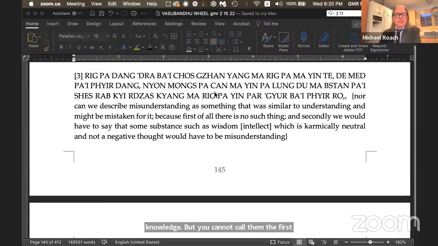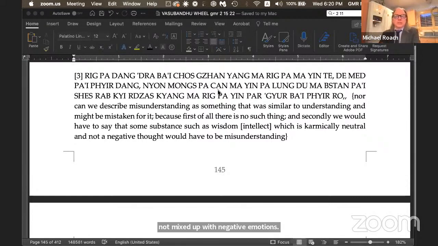There's lots of things that look like understanding, but are different from understanding, that wouldn't work as the first link. And there's all these kinds of good states of mind, which are neutral karmically and are not mixed up with negative emotions.